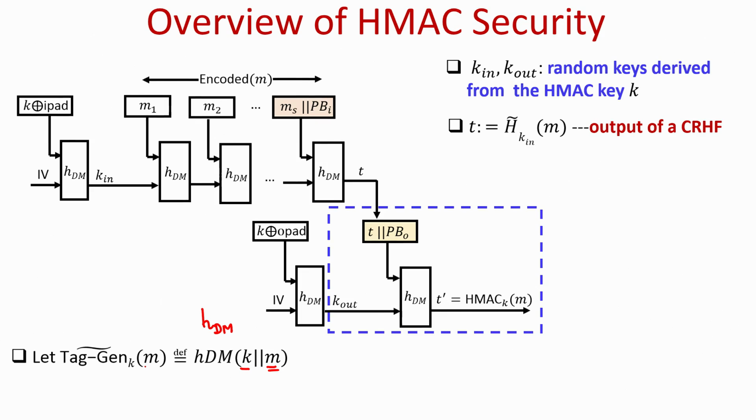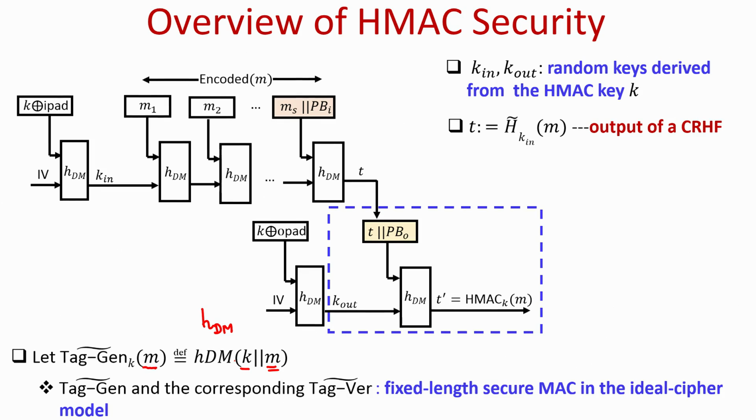That will be the overall tag generation algorithm for the message m under the key k. The part I have highlighted under the box is the outcome of this tag generation algorithm. That means this t dash is an output of a tag generation algorithm, and we can correspondingly define a tag verification algorithm.